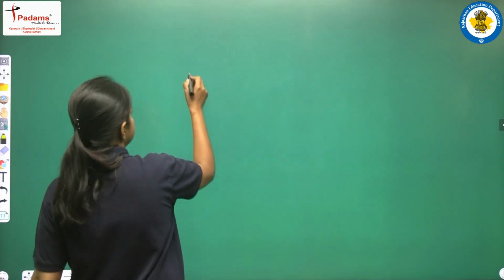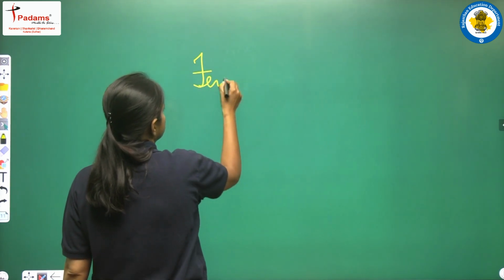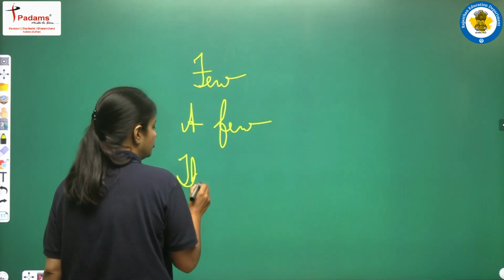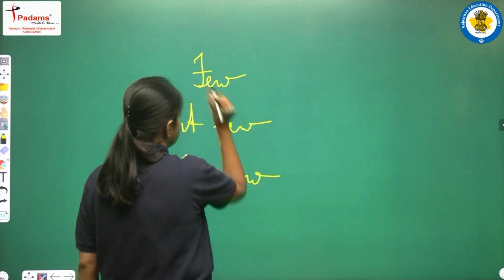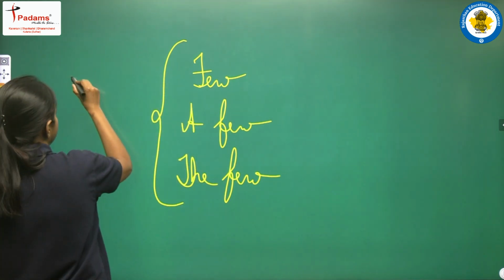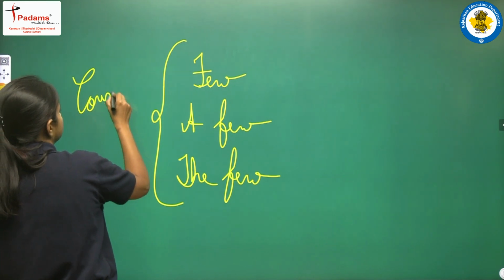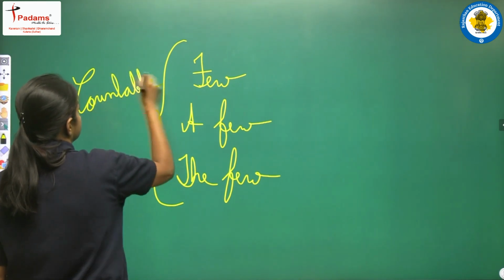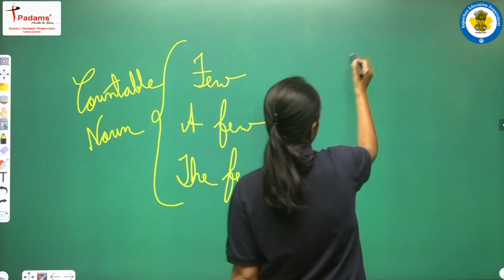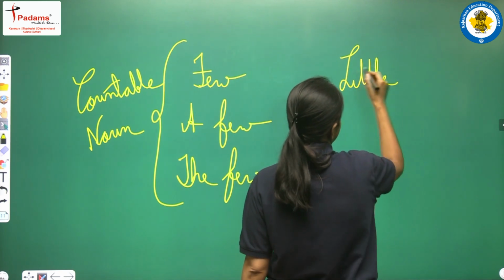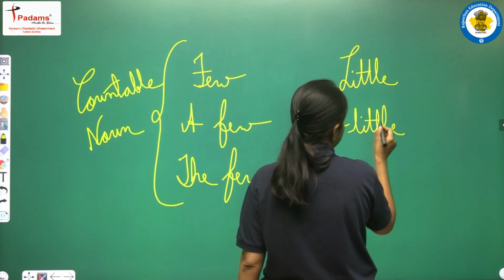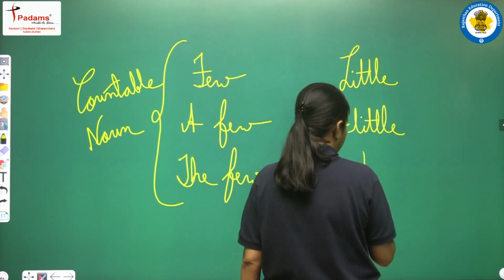So first of all, let's see few, a few, the few. This is one category, or we can say one family, and this family is related with countable nouns, right? Second, we have little, then a little, and the next is the little.